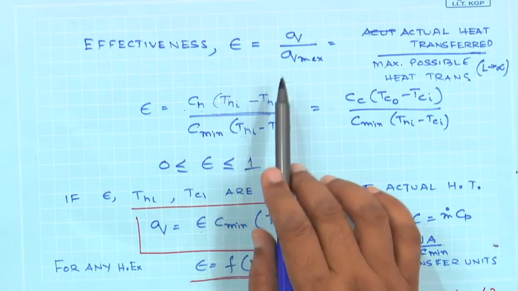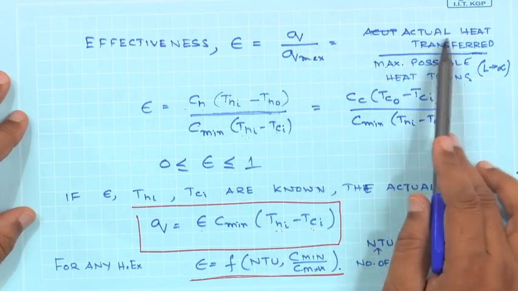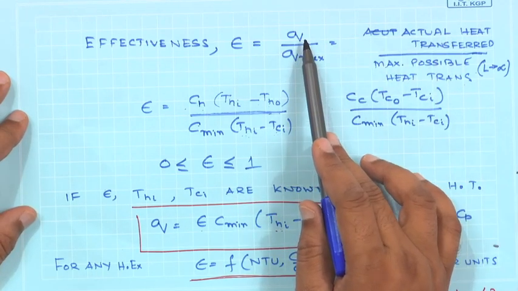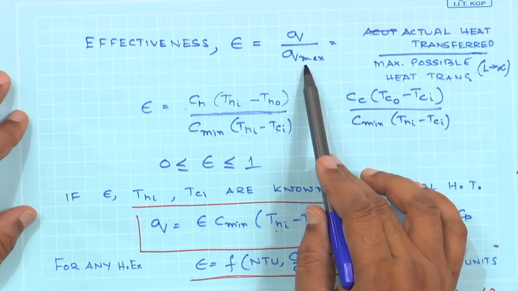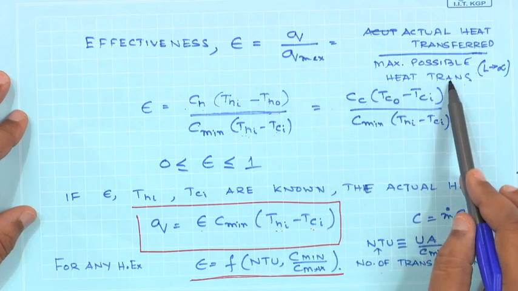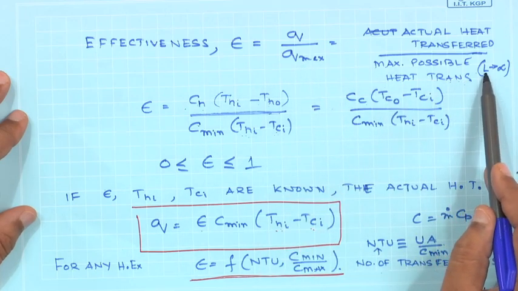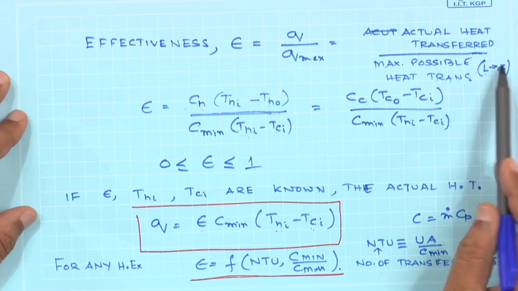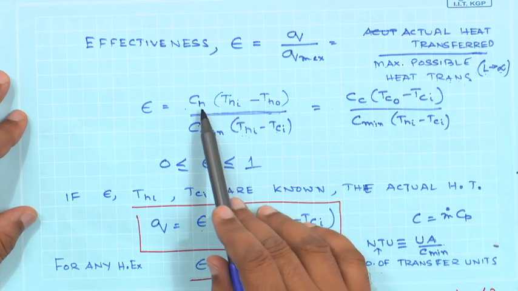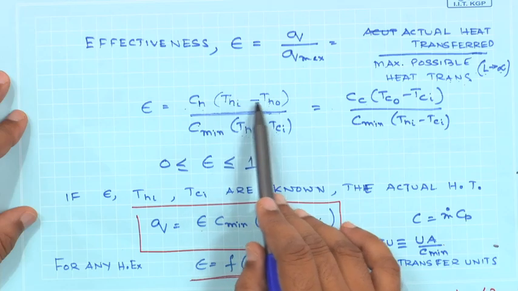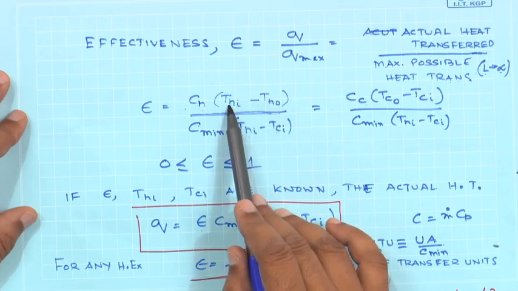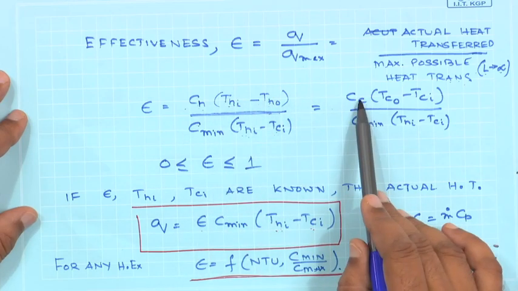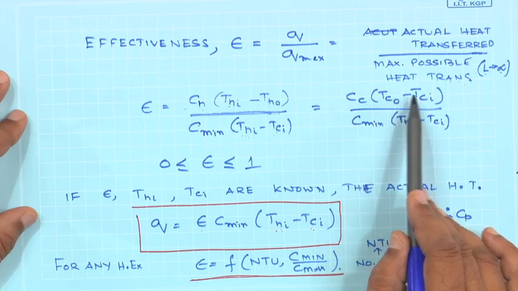The effectiveness was defined as the actual heat which has been transferred divided by the maximum possible heat transfer, and the maximum possible heat transfer corresponds to an infinite length of the exchanger. So, the actual heat transfer can either be Ch times the temperature difference between the hot fluid inlet and the outlet, or Cc and the temperature difference between the outlet and inlet for the cold fluid.